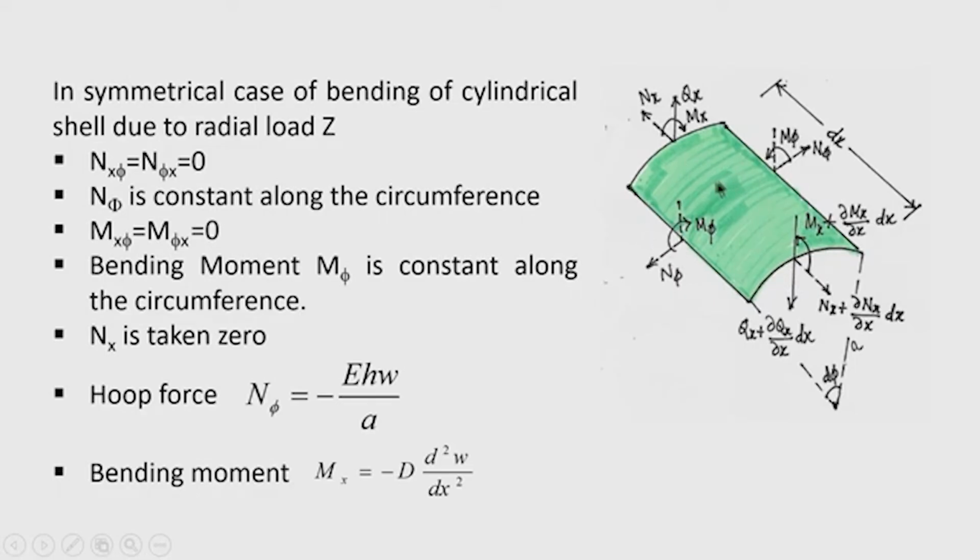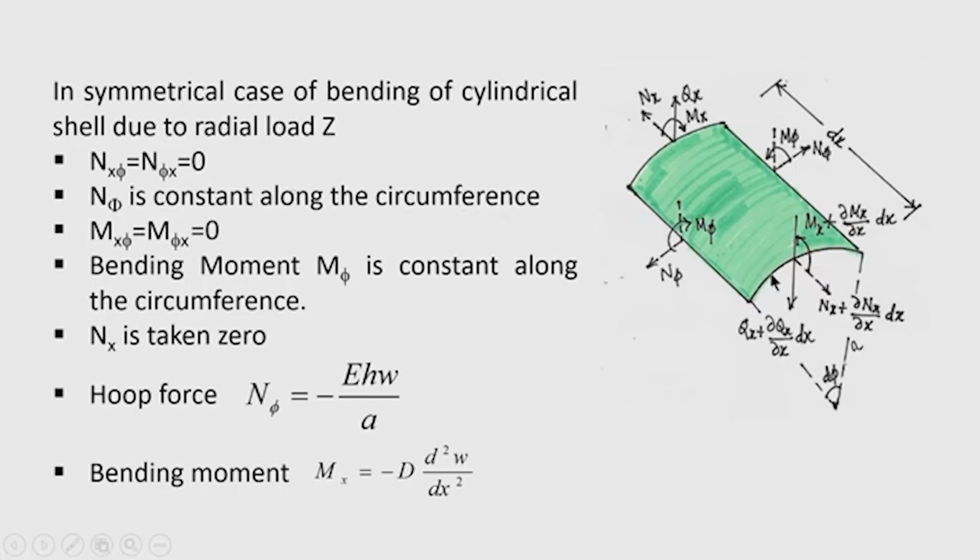By virtue of that we assume that the membrane shearing forces n x phi equal to n phi x is 0 and n phi is constant along the circumference. At any circumferential angle, if n phi is evaluated, you will get the same value.